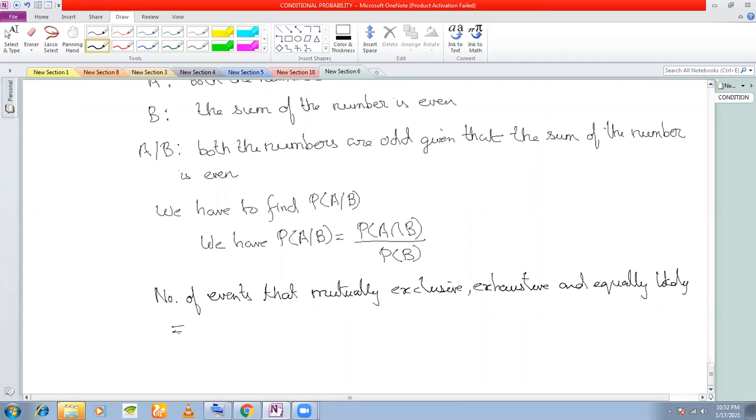Out of 11 numbers, you're choosing 2 numbers. In how many ways can you choose 2 numbers from 11 numbers? 11C2 ways, right? So the number of events gives you the denominator of the probability.